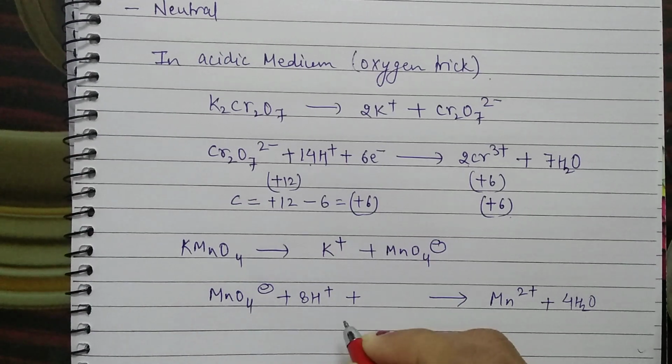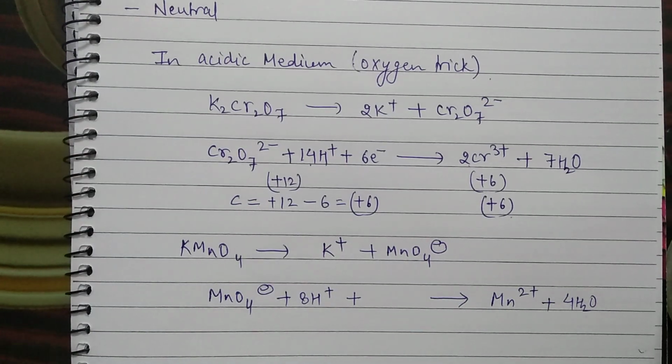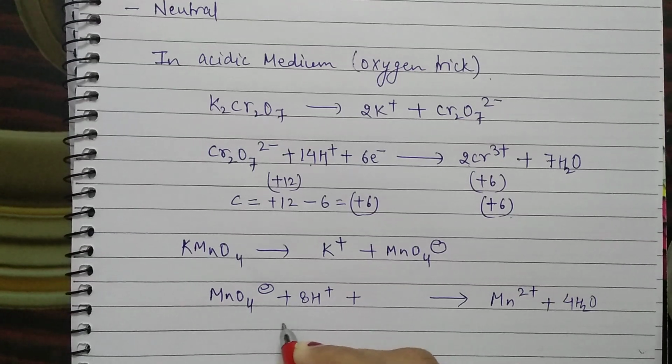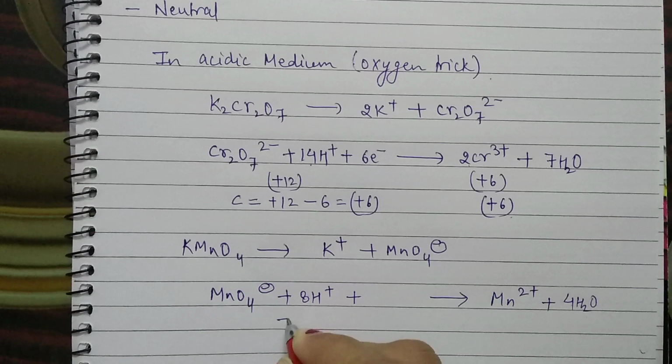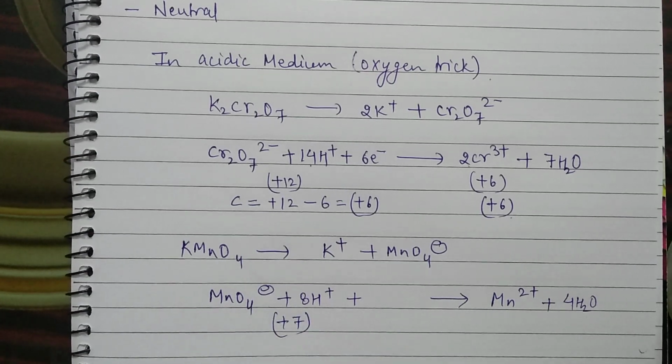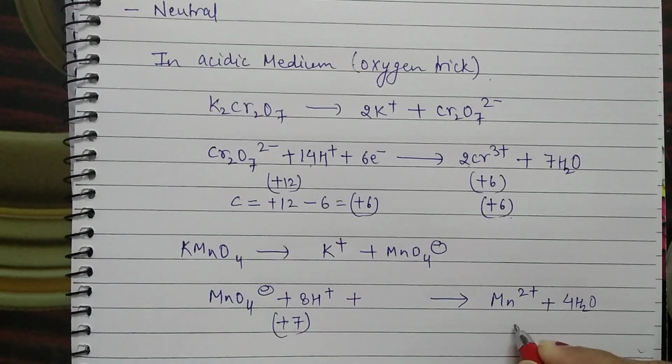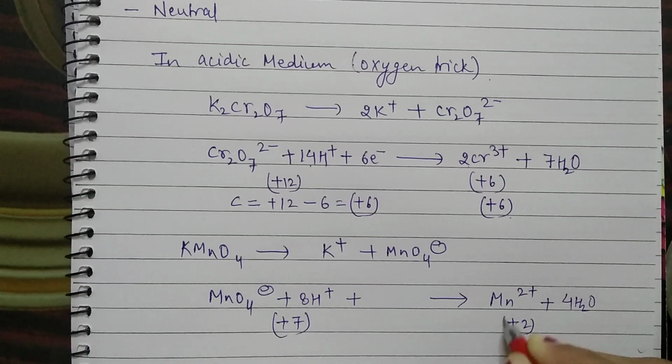And now we'll look for the charge on both sides of the reaction. A total of +8 minus 1, that is a total of +7 charges, is there on the reactant side, whereas a charge of +2 is there on the product side.